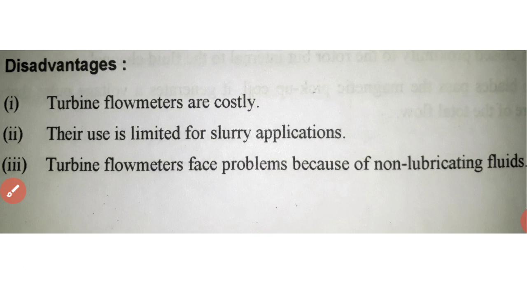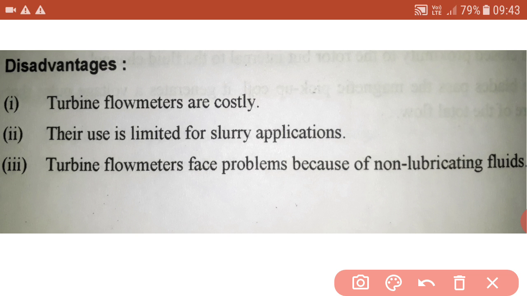Now disadvantages: turbine flow meters are costly because there is a rotor, blades, a permanent magnet and all these things, so the cost is very high. Their use is limited for slurry applications.